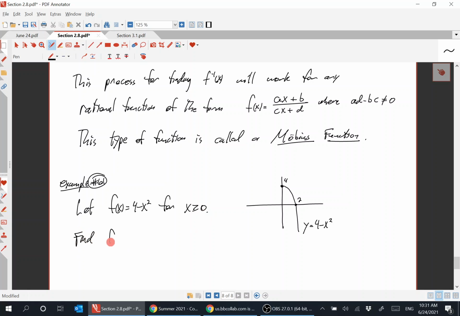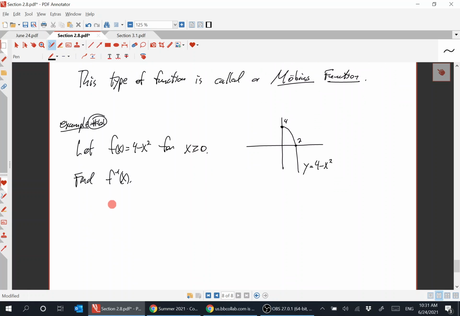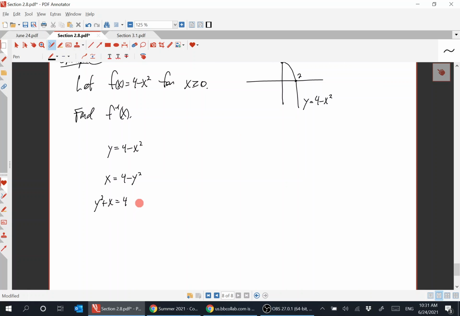Find f inverse of x. Okay, well, you start with y equals 4 minus x squared. If you want, switch the x and the y's. So x is equal to 4 minus y squared, and then solve for y. So I'm going to put the y over here, and now I'm going to move the x over here.